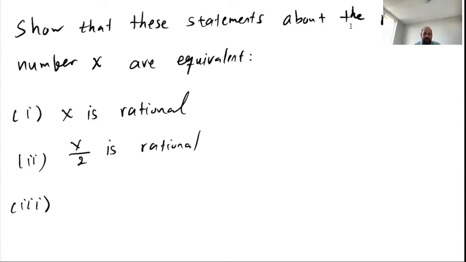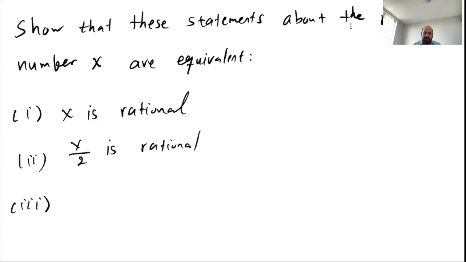See, it could look a little bit confusing. Why did we say x over 2 because a over 2b here, and why did we say x over 2 because a over b here? Well, in the previous part, 1 to 2, I started with x itself because that was my assumption. My assumption was x is rational. So I started with x itself, I wrote it as a over b, then divided by 2, and x over 2 became a over 2b.